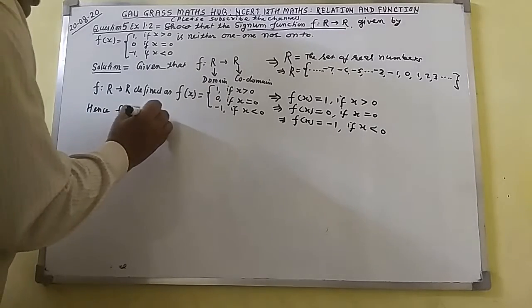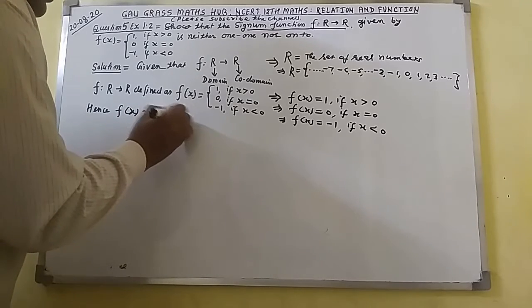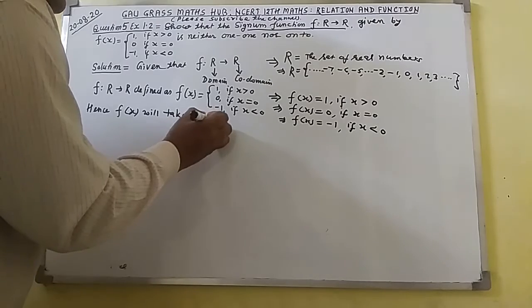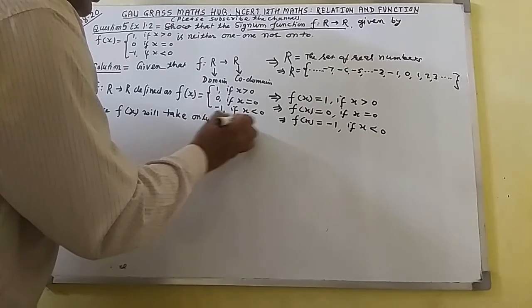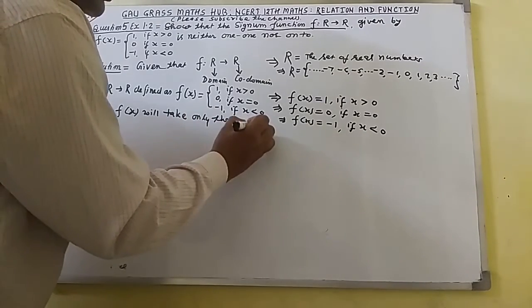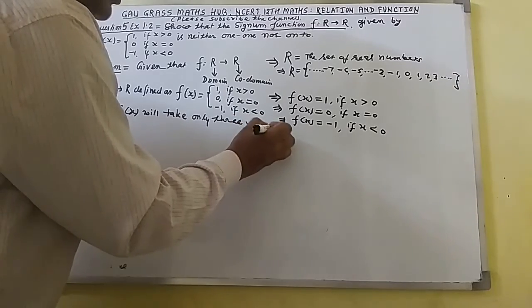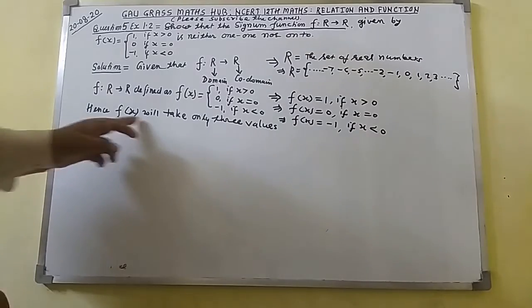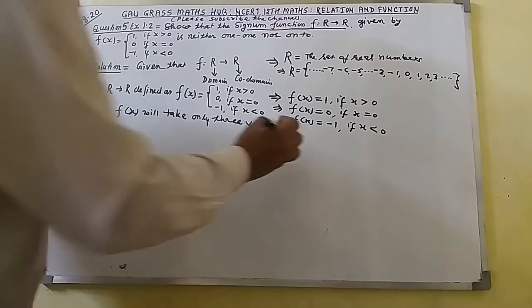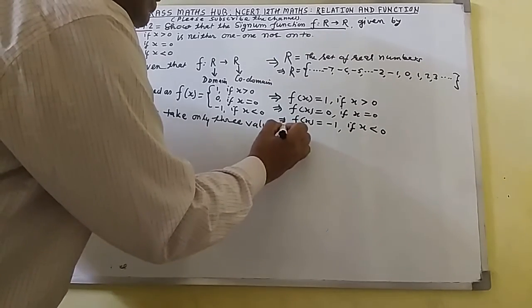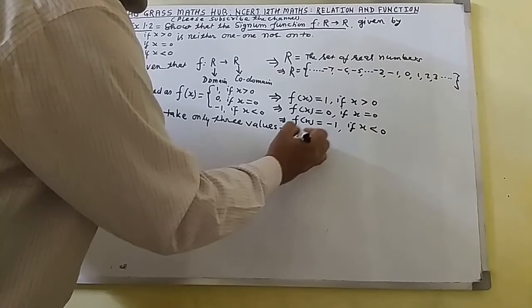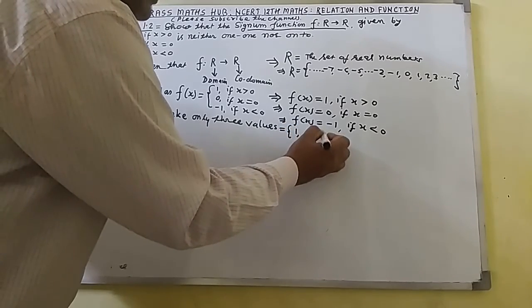f(x) will take only 3 values. Hence f(x) will take only 3 values, and those values will be 1, 0, -1.